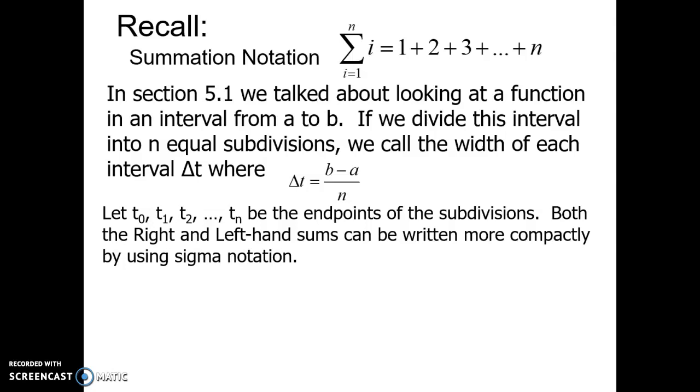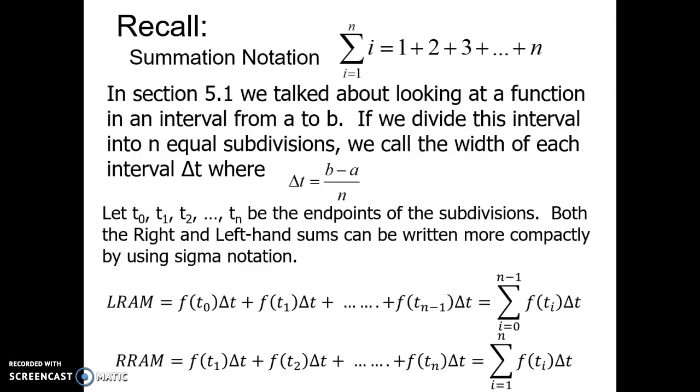We could say that both the left and the right sums that we found in section 5.1, when we talked about drawing these things called the left and right hand sums, the LRAM and RRAM, can be thought of as the length of a rectangle times its width plus the length of a rectangle times its width, and we keep on adding them all up.